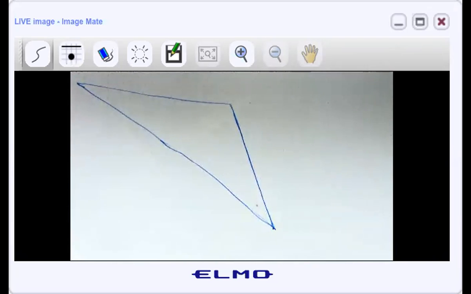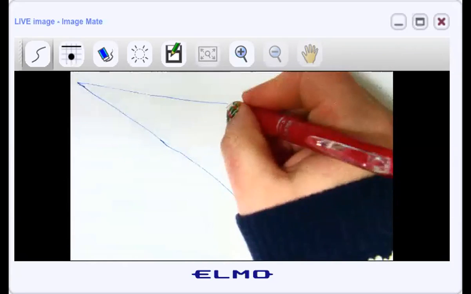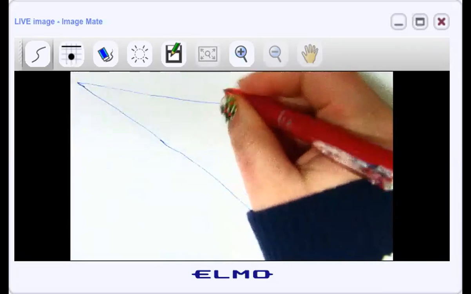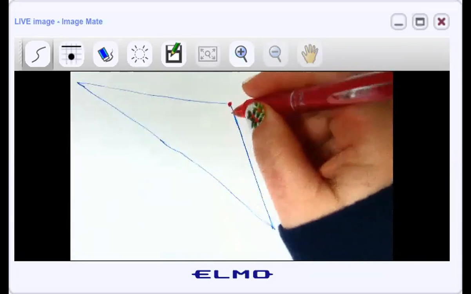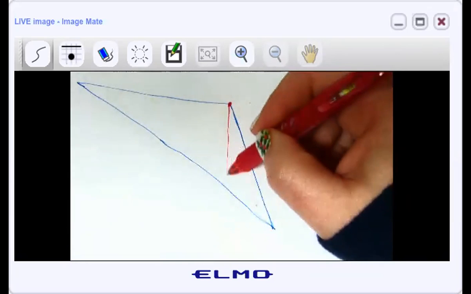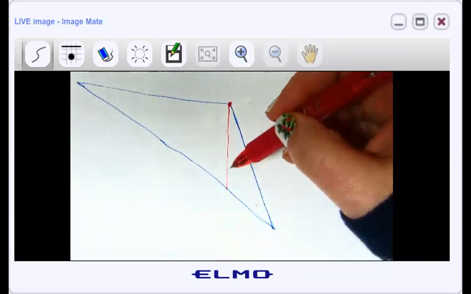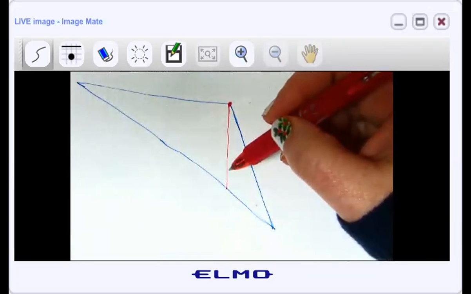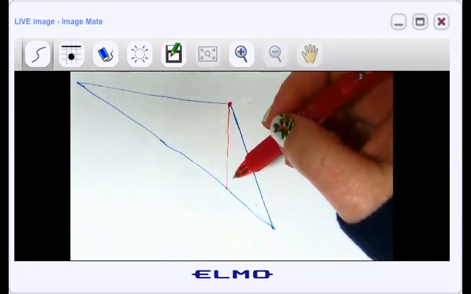And if I wanted to, you'll notice, I was just saying that they don't always just go straight up and down. If I wanted to draw the altitude, let's say from this one, if you draw it straight up and down, don't write this, but just look. If I did that, there's no way that that's perpendicular right there. So I don't want you thinking that you just drop it straight down.